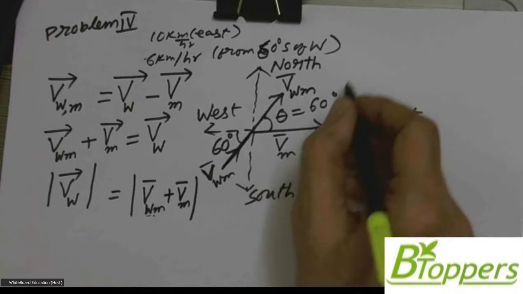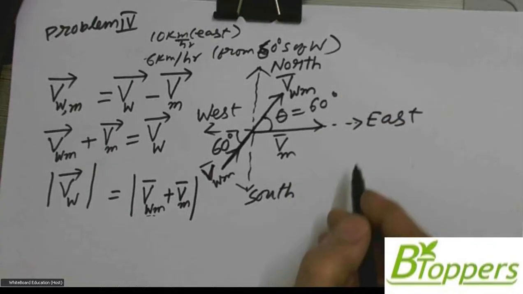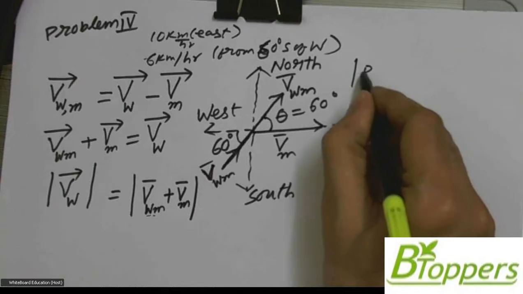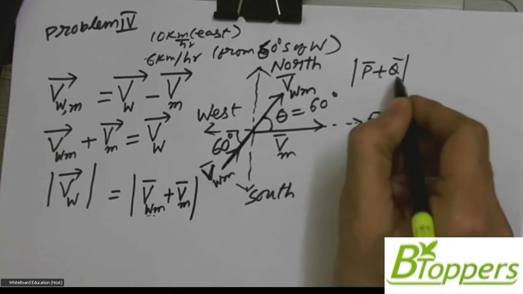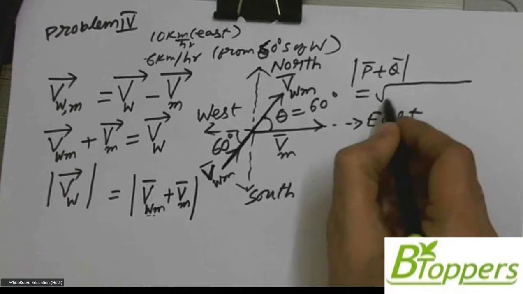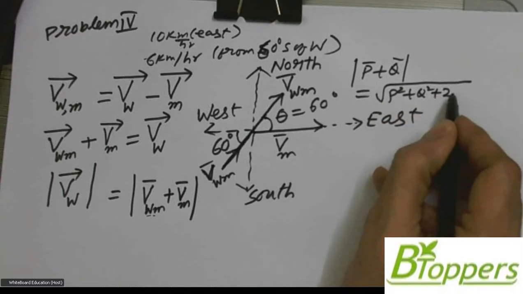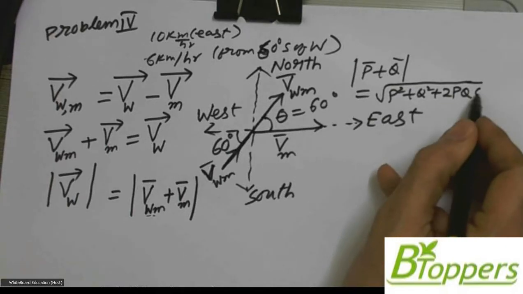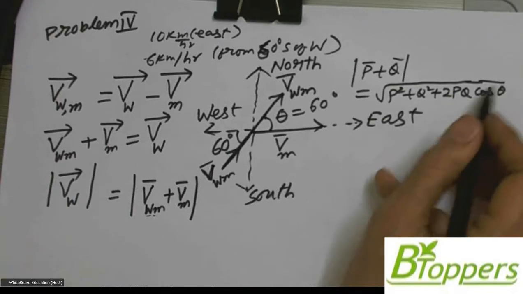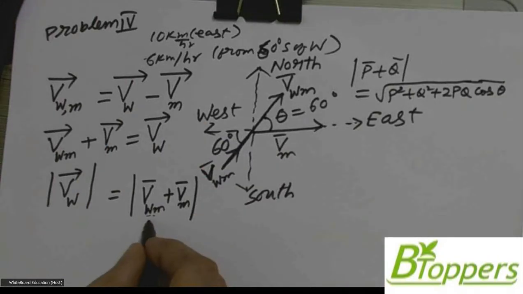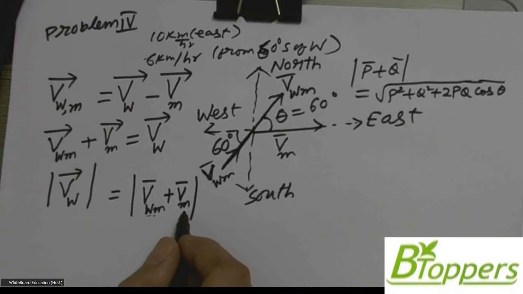As I discussed in the past, the magnitude of the vector sum of two vectors P bar and Q bar is given by square root of P square plus Q square plus 2PQ cos theta. Here instead of P bar you have V bar subscript Wm. In place of Q bar you have the velocity of the man.